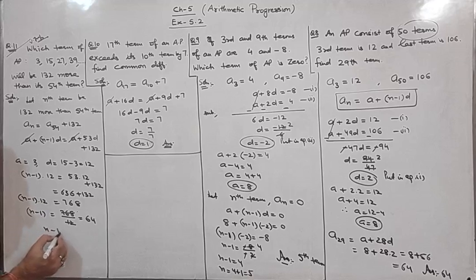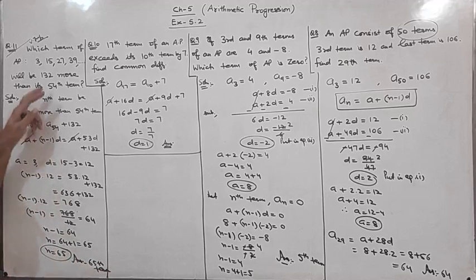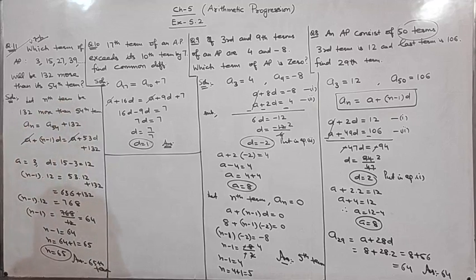So n minus 1 is equal to 64, so n is 64 plus 1, which is 65. In this way we can find the answer: the 65th term is 132 more than its 54th term.